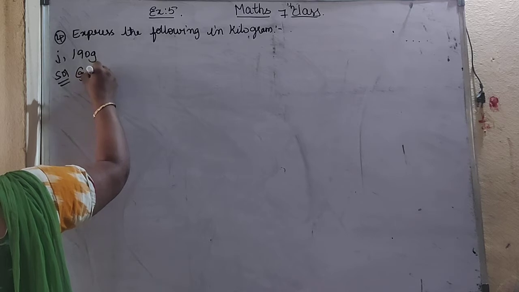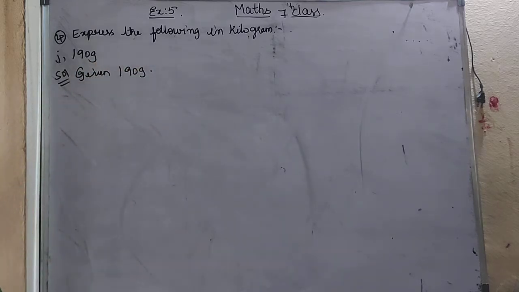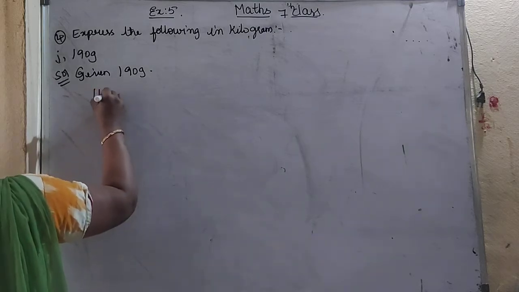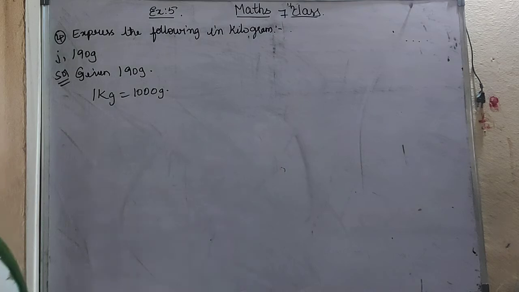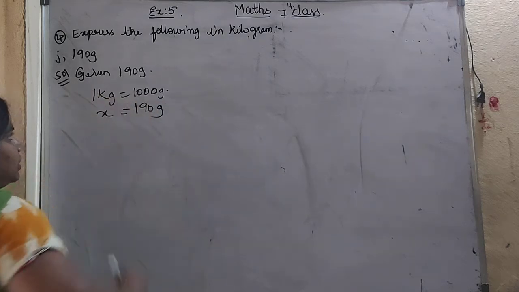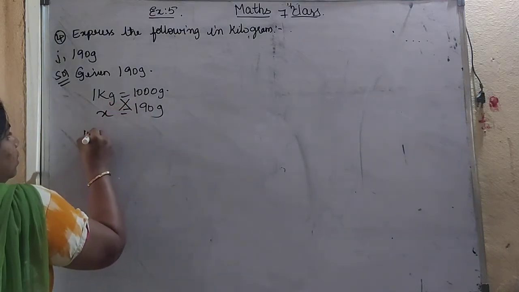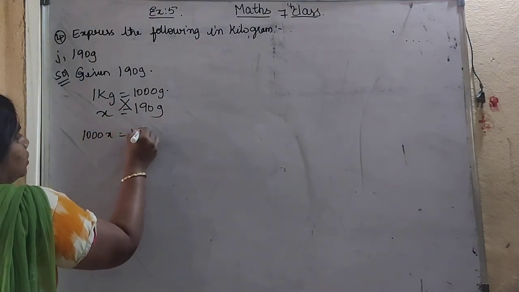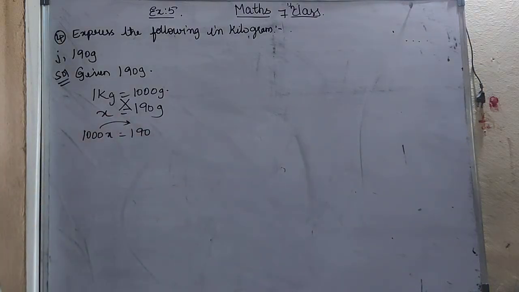Given 190 grams. What is the conversion here? 1 kg is equal to 1000 grams. Already we know this. So here 190 grams is equal to how many kgs, we have to find. Cross multiplication: 1000 x is equal to 190. Transpose this 1000 to the other side, it will become division.